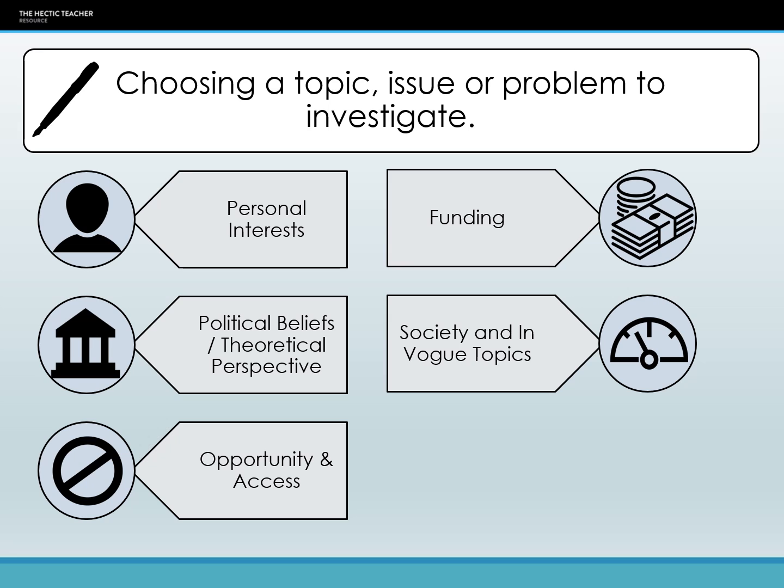But the more in vogue or more popular the topic, the more likely you are to get funding. So for example, post 9/11, post July 7th, all of those events created a wealth of new funding in understanding extremism and terrorism and what leads people to join these fundamentalist groups. So when society as a whole is interested in what's going on, it can open up new avenues of funding, it can open up new opportunities for a researcher.